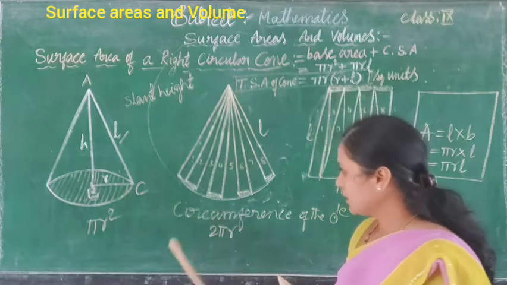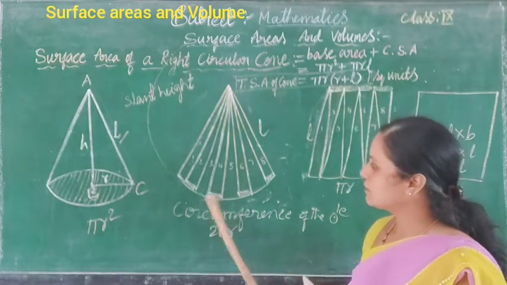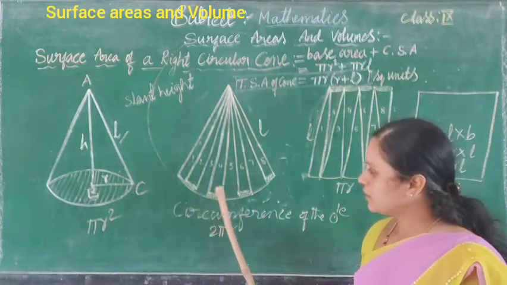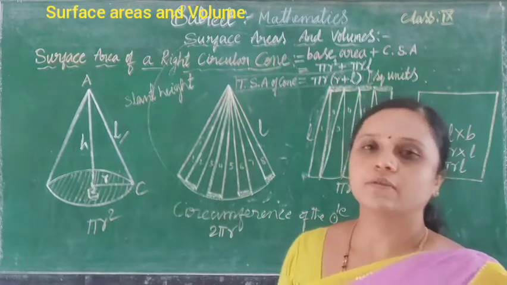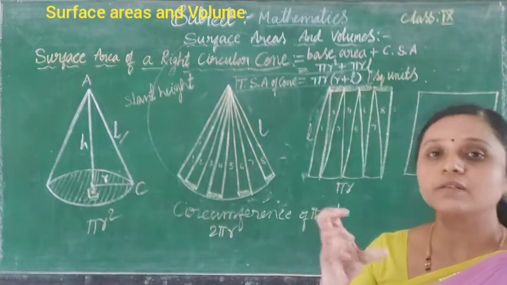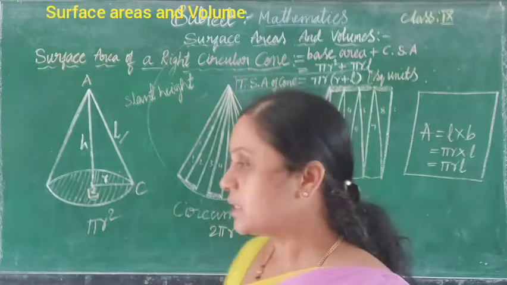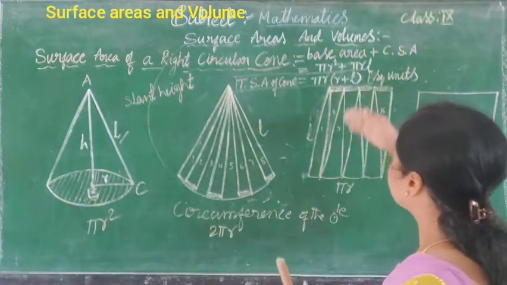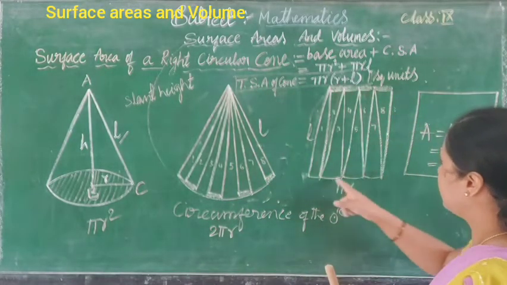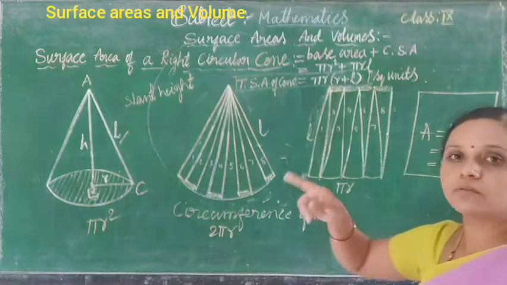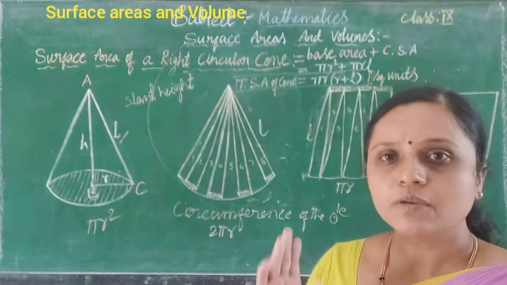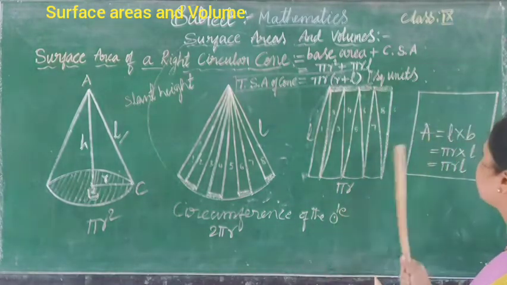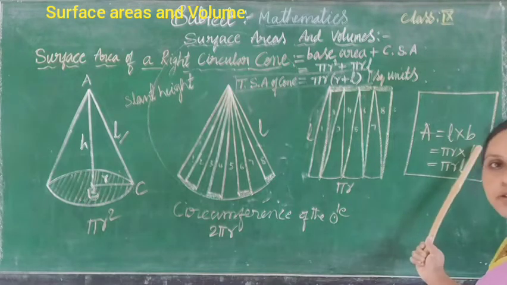While drawing lines like this, we get a number of similar triangles. These triangles can be arranged like this one by one. Then this figure looks like a rectangle. So what is the area of the rectangle? The rectangle area is length into breadth.